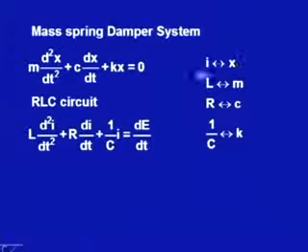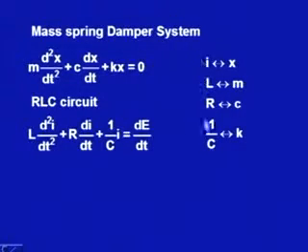I is the same as x. The inductance L is identified with m in this system. R, the resistance in this RLC circuit, is identified with c in this mass spring damper system, and 1 over C, C being the capacitance, is identified with k in the mass spring damper system.